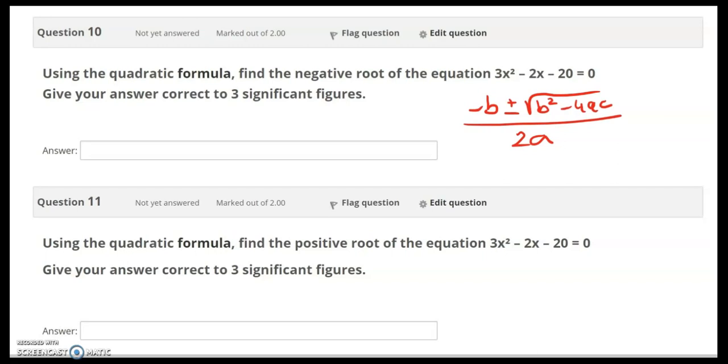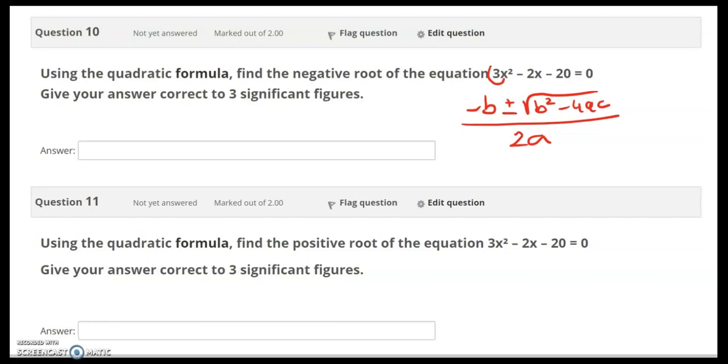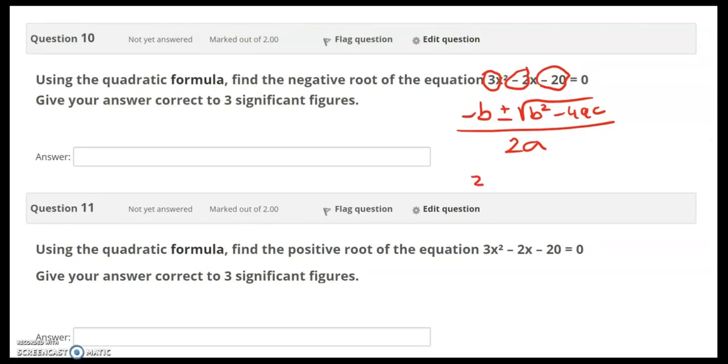The coefficient in front of x squared is a, in front of x is b, and the final term is c. So we'll plug in the values. b is minus 2, so minus b is going to be 2, plus minus, so let's do minus first and then we'll do the plus.